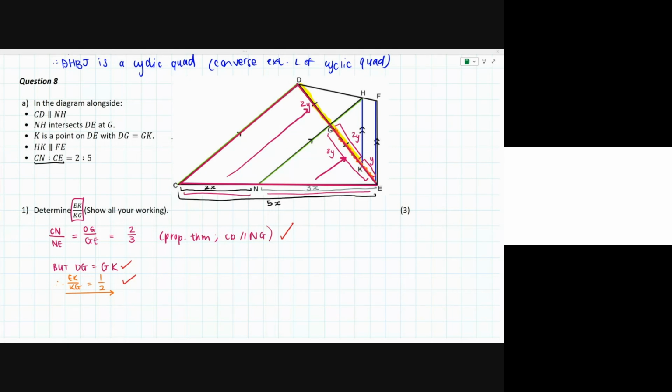Ma'am, with these questions, is it possible to answer the question without, maybe, when the way they set up their paper, they don't give us the ratios, the CN to CE equals 2 to 5. Would it still be possible to answer this question?